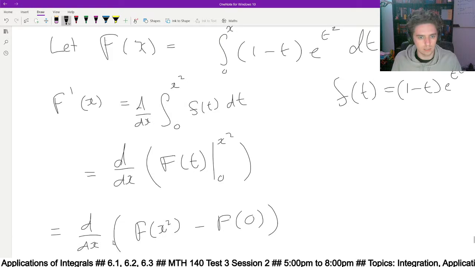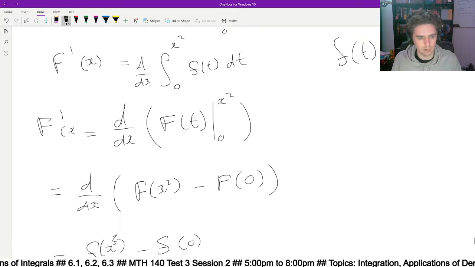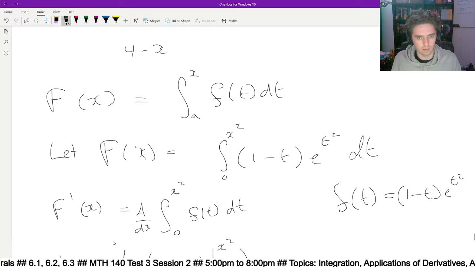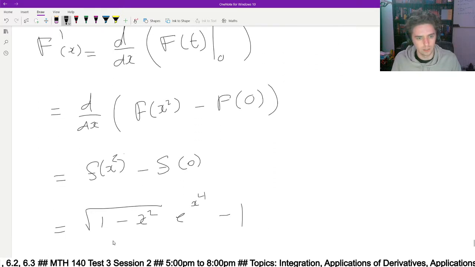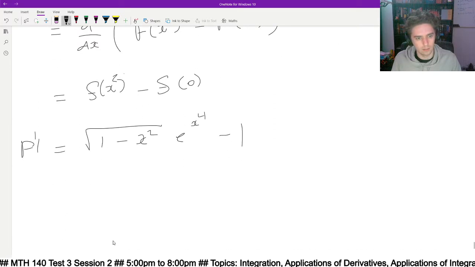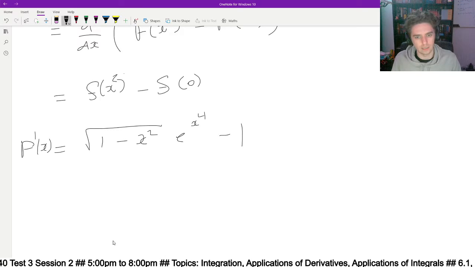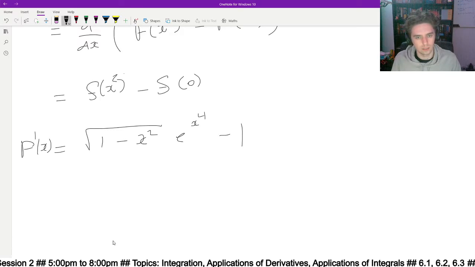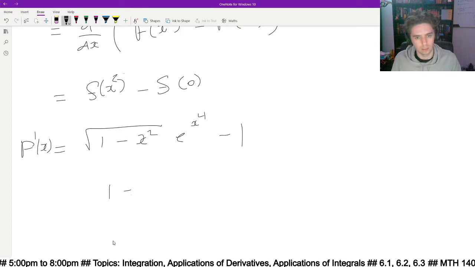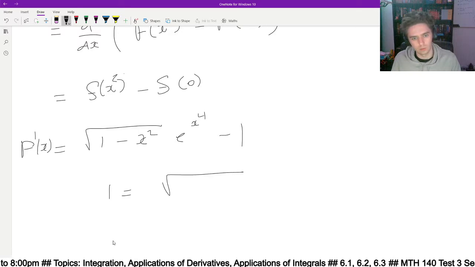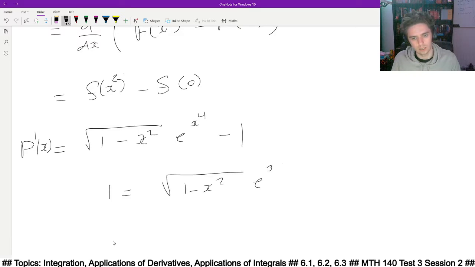So this is equal to the derivative, big F prime of x, the derivative of the starting function. So we're going to look for where that's equal to 0, pretty much where 1 equals 1 minus x squared times e to the x to the 4.